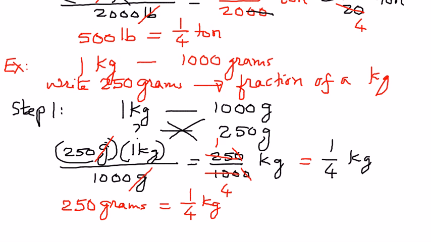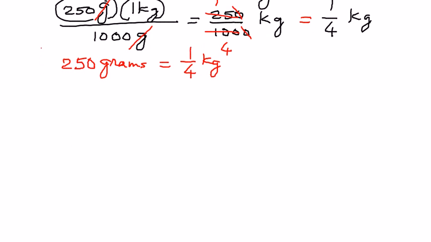Let's take another example. This time we will talk in terms of kilometers and meters. Again, we are in metric units here. So in this example, 1 kilometer, km represents kilometer, 1 kilometer is equal to 1000 meters.